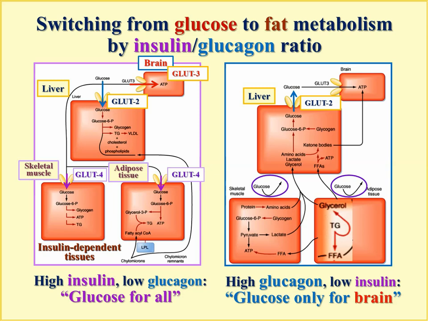And also notice that ketone bodies are produced, due to the breakdown of lipids, and these ketone bodies become higher level in blood. And brain, as usual, can get glucose due to GLUT3 transporter. And so brain can have glucose regardless of presence or absence of insulin.